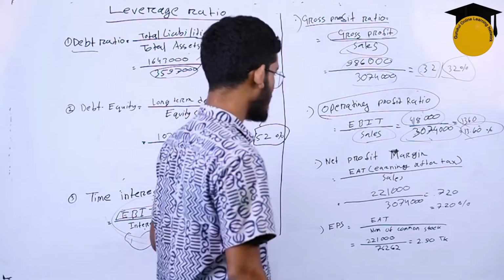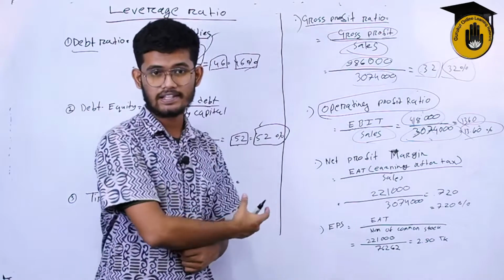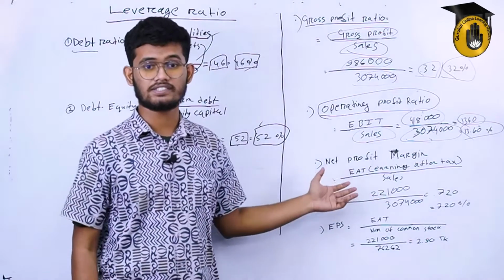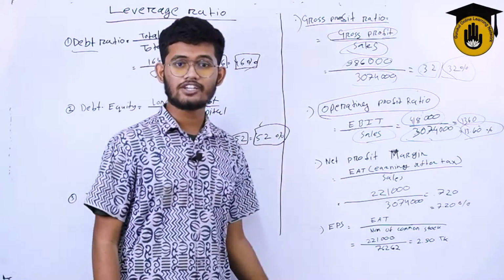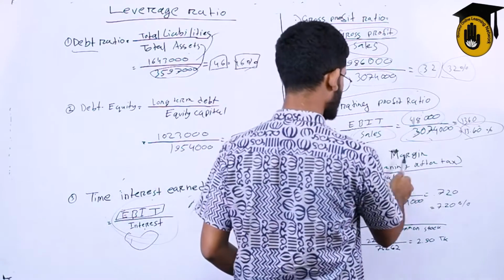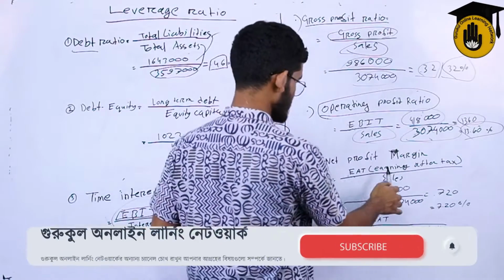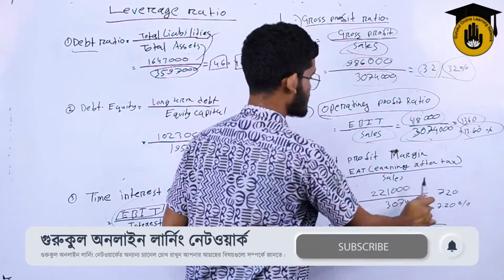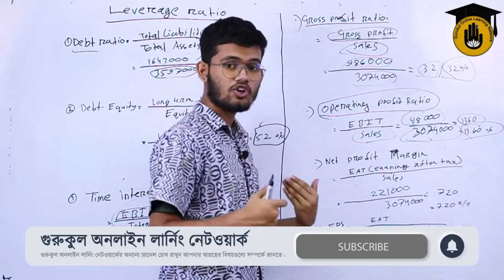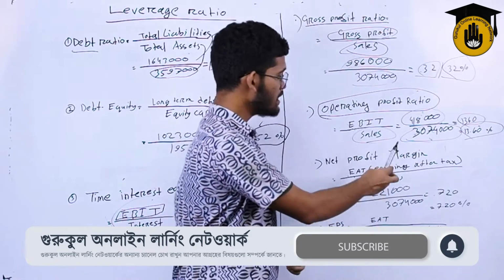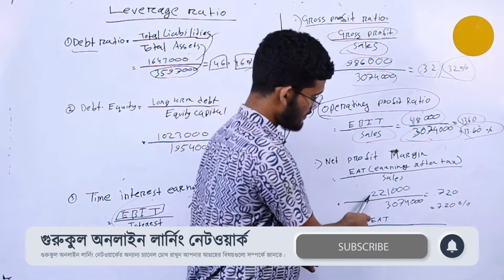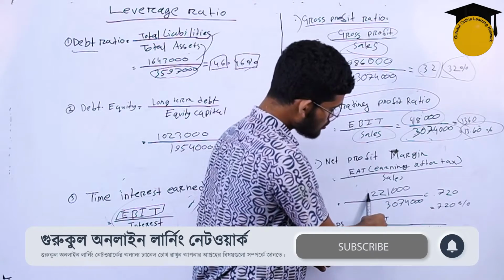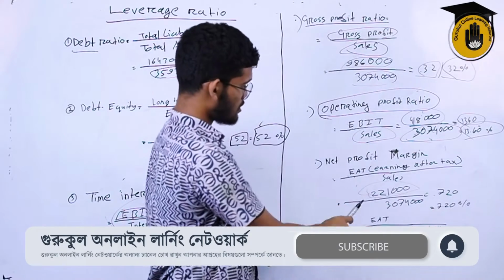Net profit margin. This is another element of the financial statement analysis. The net profit which we get at the end of every year. Net profit margin is EAT divided by sales. EAT means earning after taxes. The earning we have after tax is called the EAT. EAT is given as 221,000.